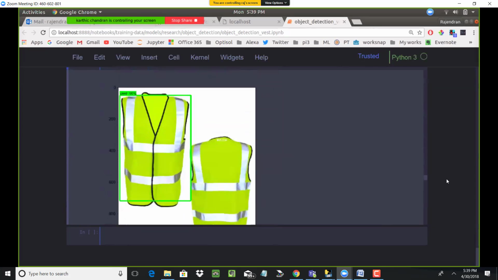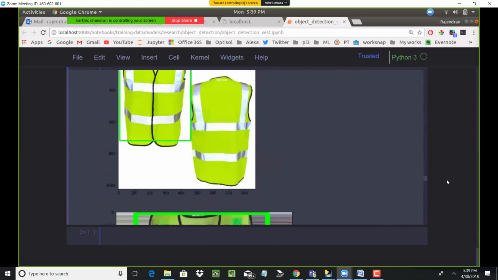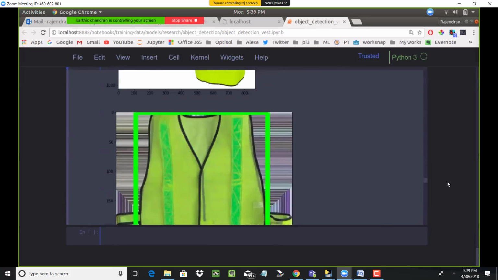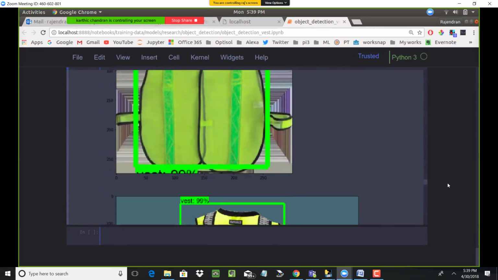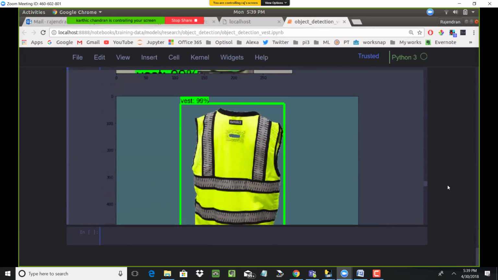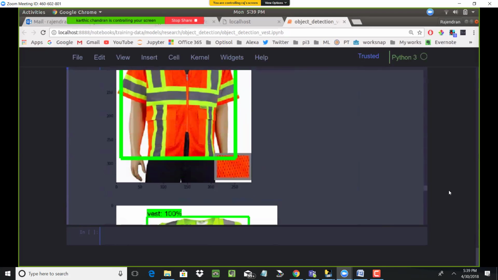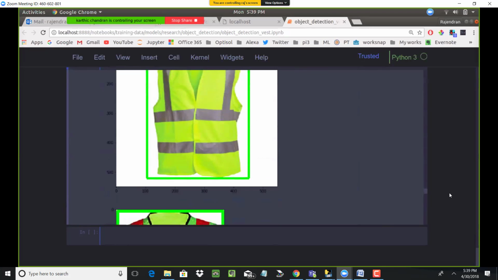So then we need to provide a little bit more diversity, and specifically here, I think we need to give more negative images. Different images and more images.